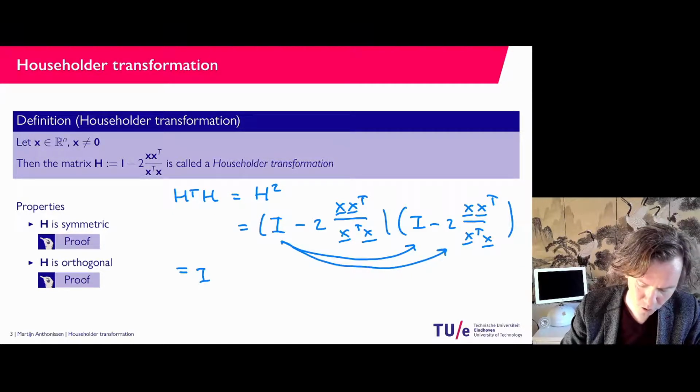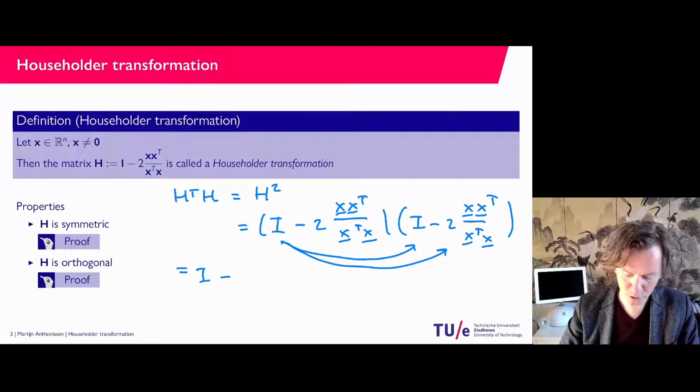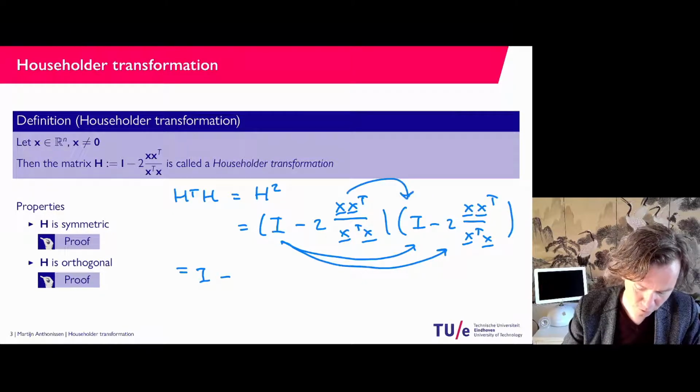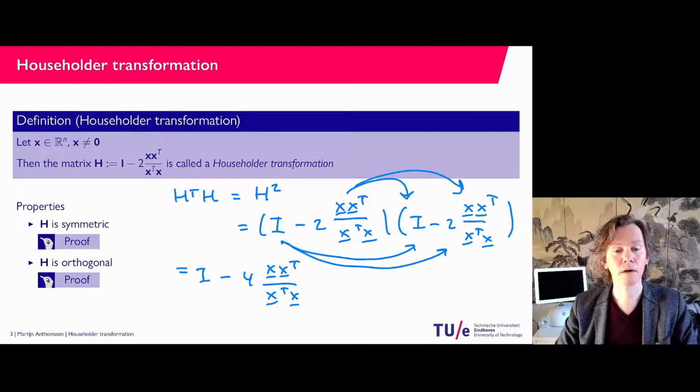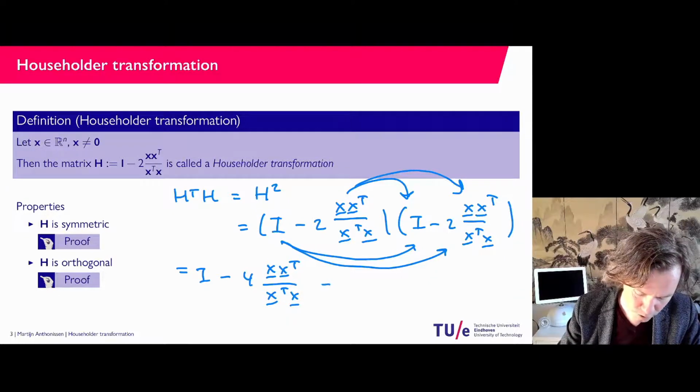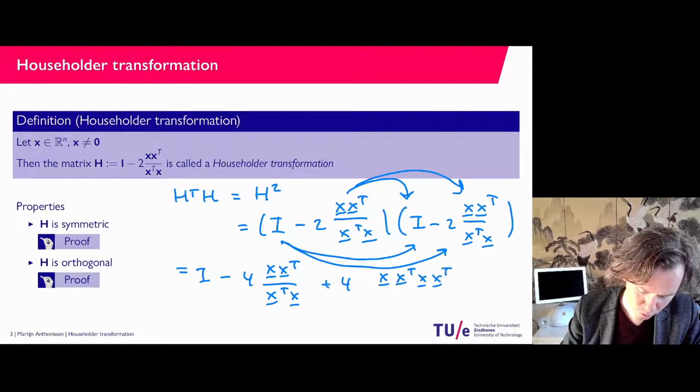Identity times that one gives me minus 2 x x transpose over x transpose x, and here I'm going to find another one. So in total we find minus 4 x x transpose over x transpose x. And then the last one, if we multiply minus 2 x x transpose over x transpose x with itself, what we find is plus 4 x x transpose x x transpose over x transpose x squared.